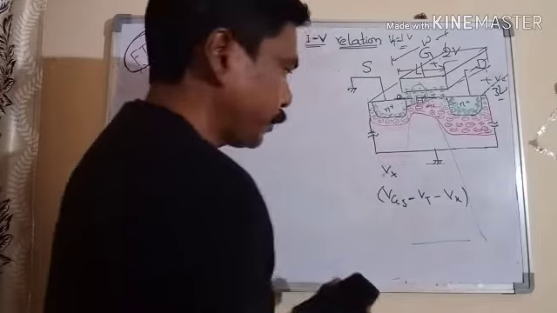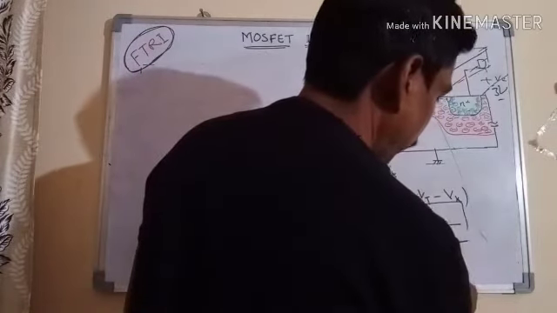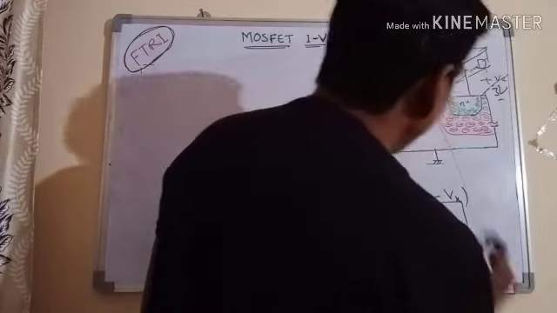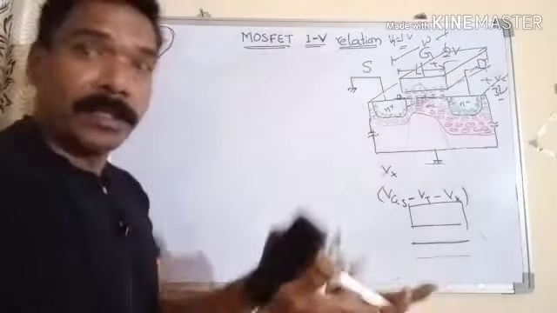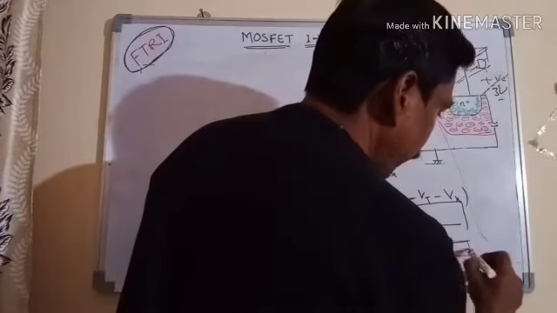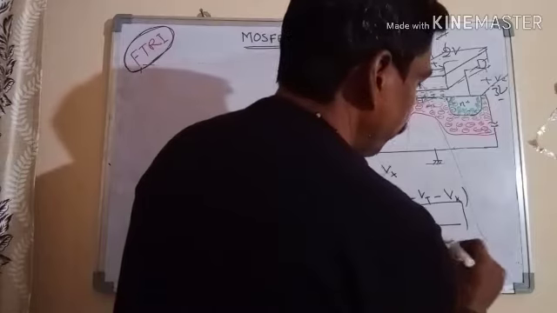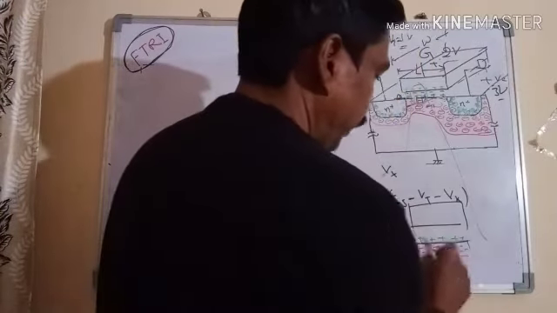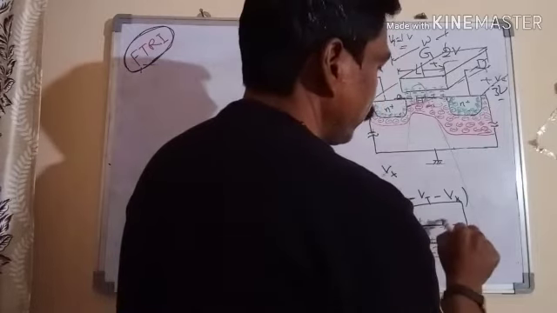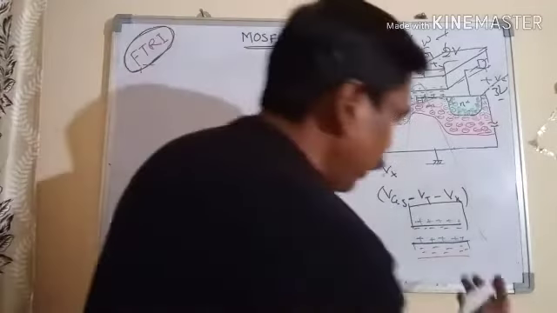It will be like this. This is the gate, and below we have the elemental channel. Along the elemental channel we can assume that the thickness is the same. It consists of electrons, so we have positive charge here and negative charge here to support it. So this is the elemental channel, of length dl.